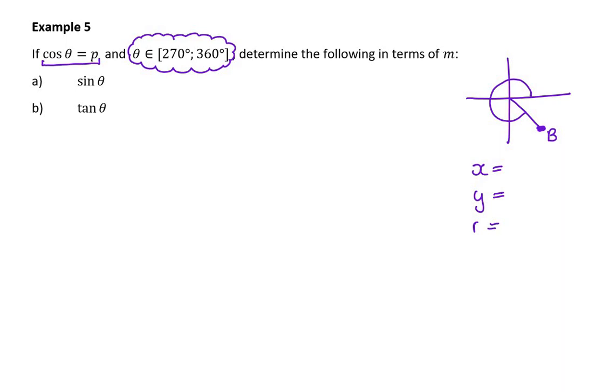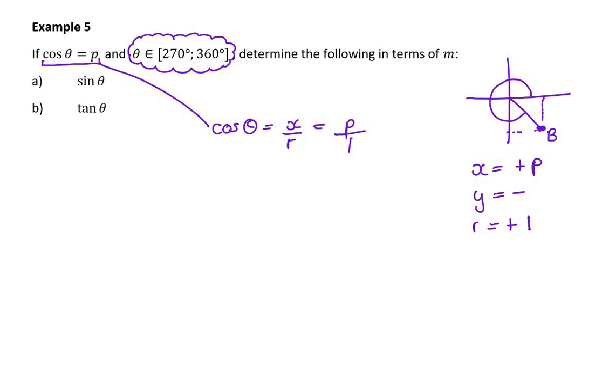So my sign of x here will be positive, my y would be negative, my r is always positive. Now I go to my definition of cos. Cos by definition is equal to x over r, which in this case is p. So there's an invisible 1, so x is p and r is 1.